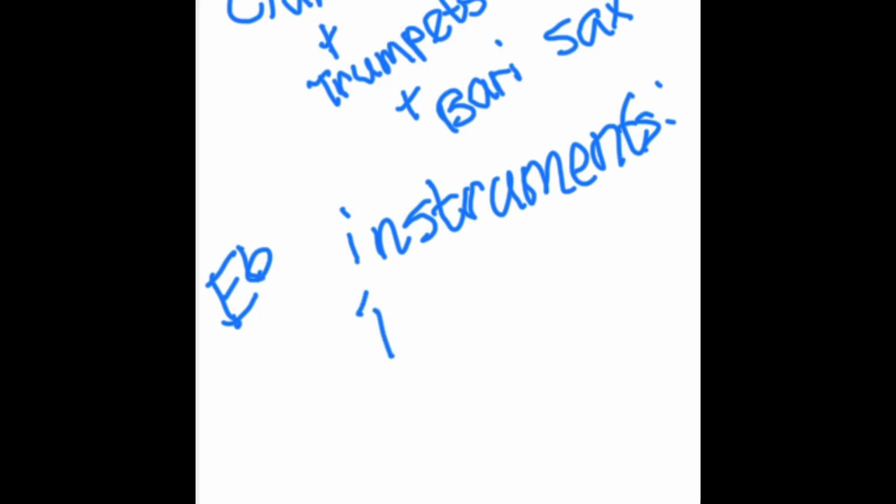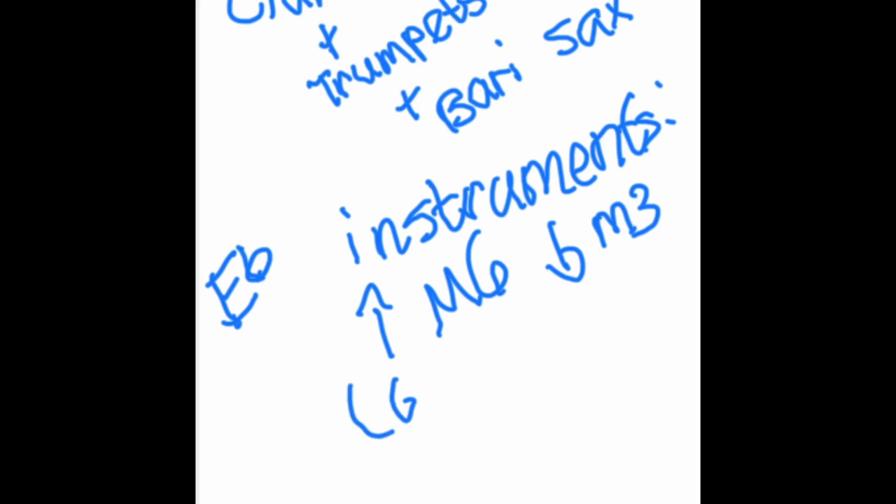It can go up by a major sixth or down a minor third. Their starting note would have to be B flat, C, D, E flat, F, G. That's the sixth. So their starting note would be a G, G major.